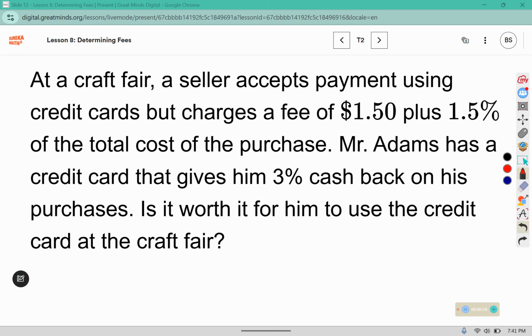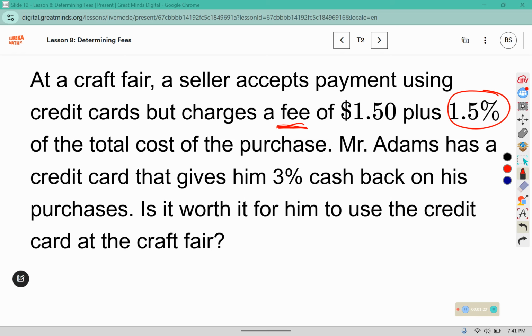So some words that we might not be as familiar with include fee. A fee is something or an amount that you are charged for a service. It can be a dollar amount, such as $1.50, which we would call a flat fee, but it can also be a percent, such as the 1.5%, or a combination of the two.